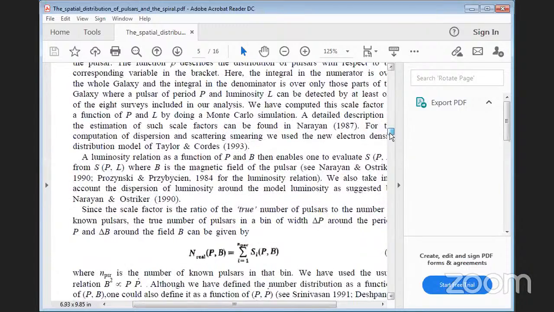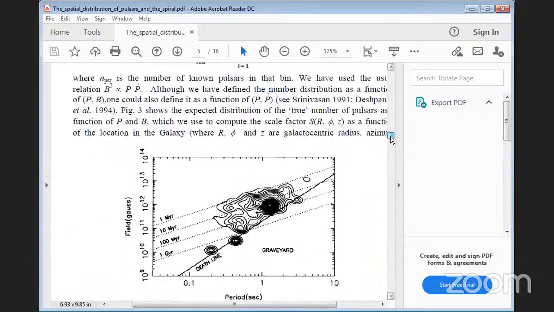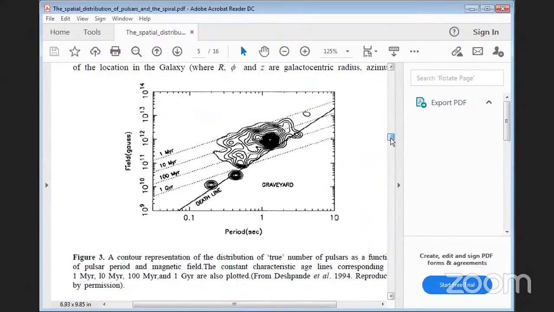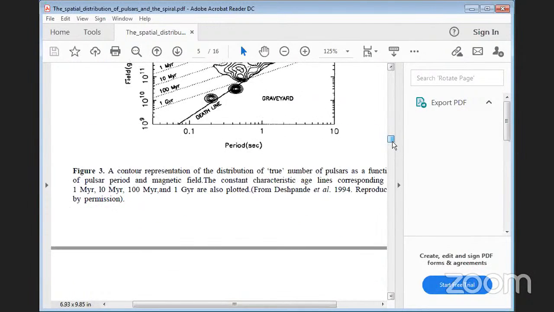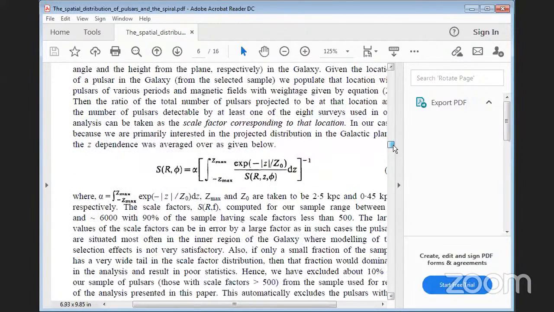So when one does this, this is the sort of distribution of this sample in the magnetic field period diagram, which we have seen.